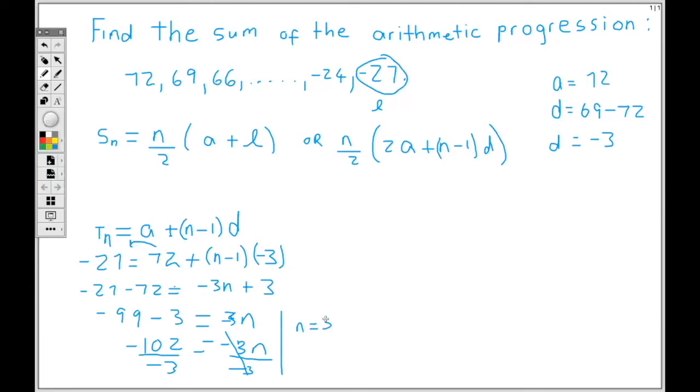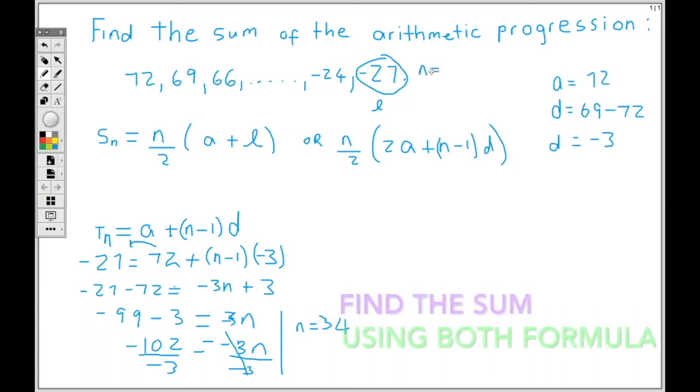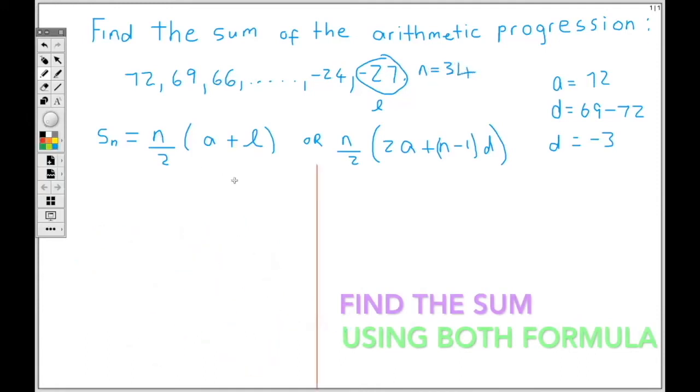So we have positive 34. This 34 means that the last term is in the 34th position. So it means we have 34 numbers, and now we are asked to find the sum of the first 34 numbers.